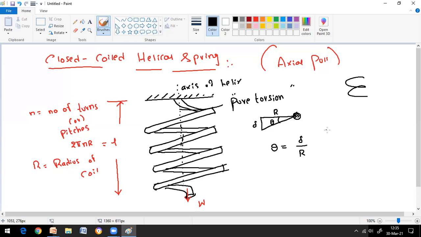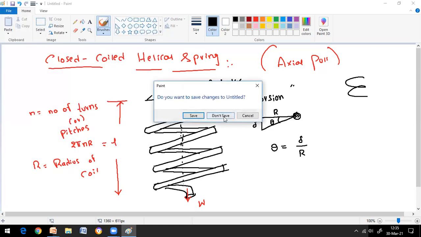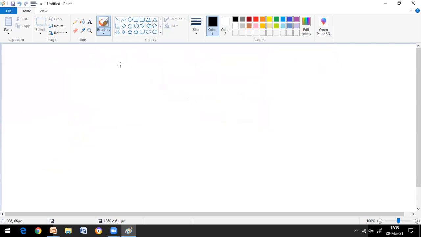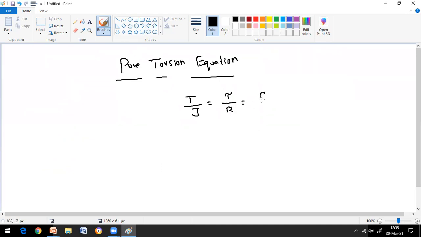If you see the relation also, we can define it very easily. Let me draw that here in a new page. What is the pure torsion equation? Pure torsion equation, which is T by J is equal to tau by R is equal to G theta by L. So this is the pure torsion equation.